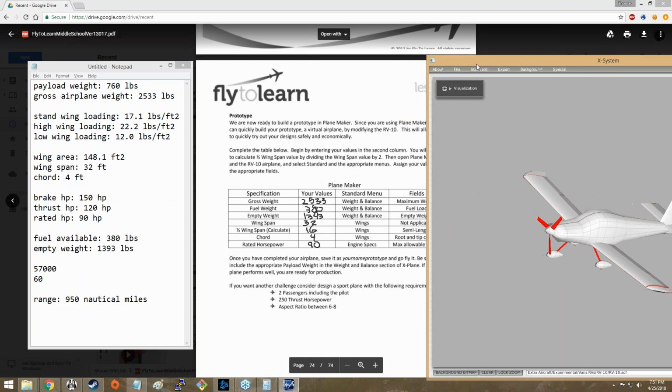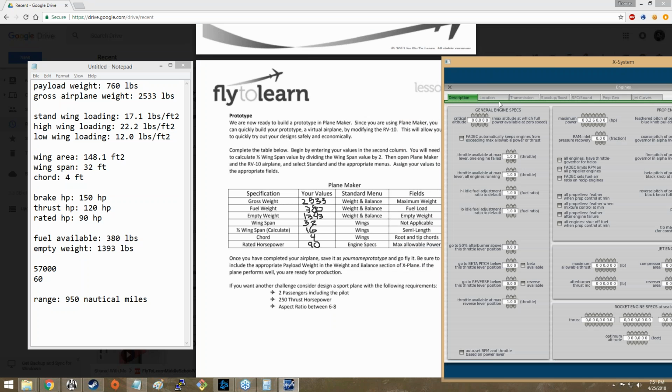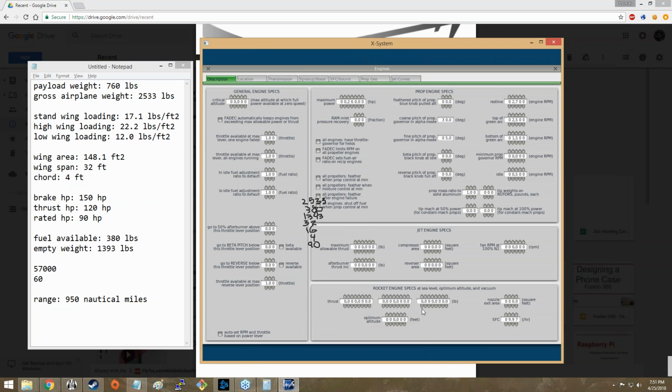Anyway, last thing we're going to do is engine specs. So go to standard and then engine specs. This is going to be under max allowable power. So let's find max allowable power. Well, we've got maximum power, but not max allowable power.